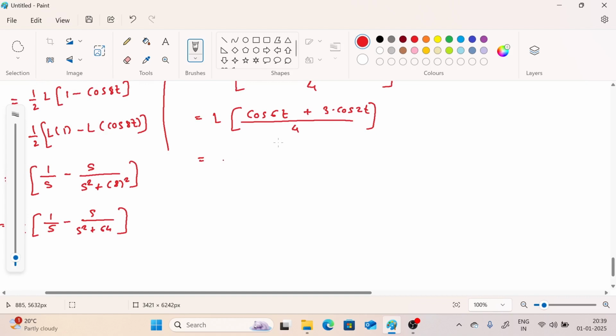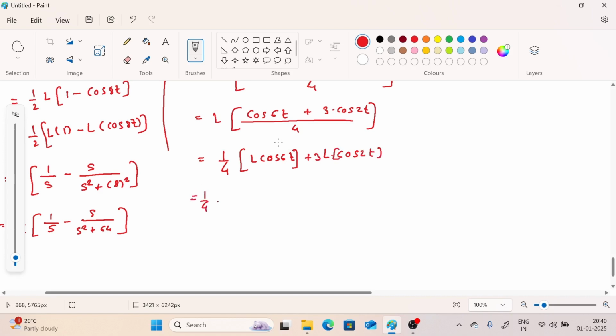This is equal to 1 by 4, taking it outside, Laplace of cos 6t plus 3 Laplace of cos 2t.